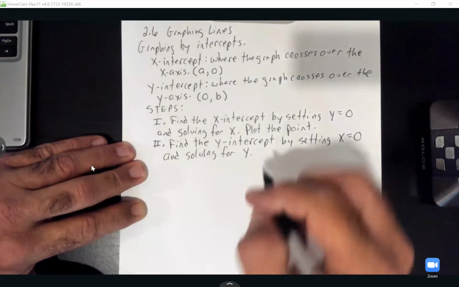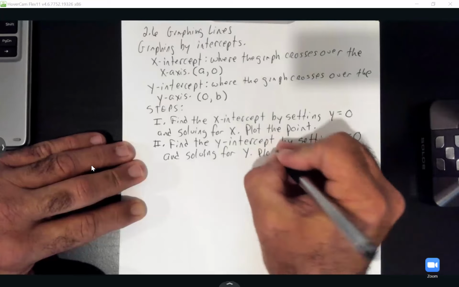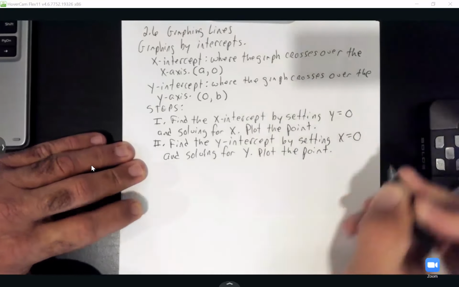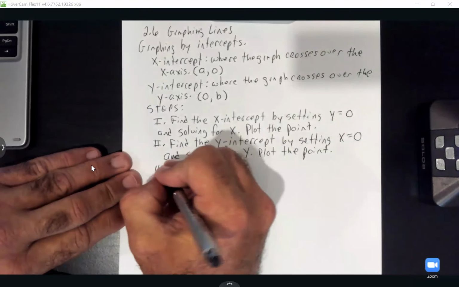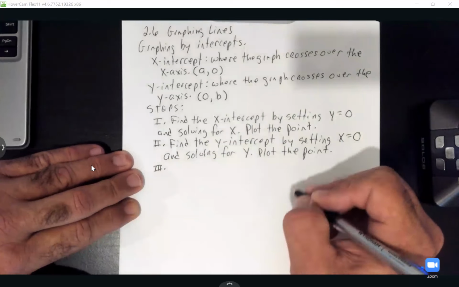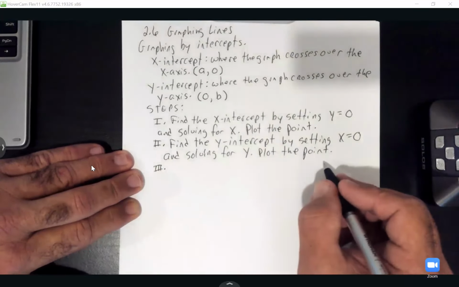Once I got that point, I'm going to plot the point. So I'm going to have a point on the y-axis, a point on the x-axis.